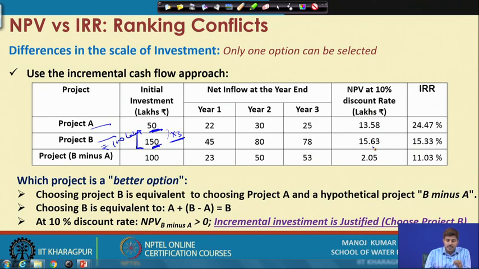Let us consider that when we are choosing project B, we are choosing project A plus another hypothetical project B minus A with this additional 100 lakh investment.